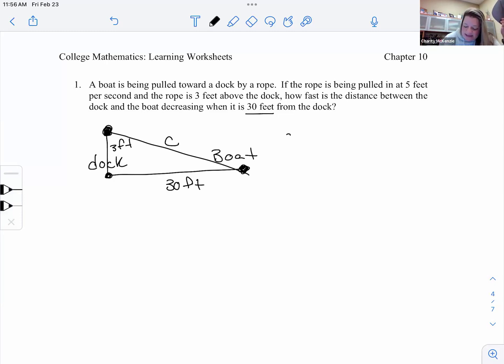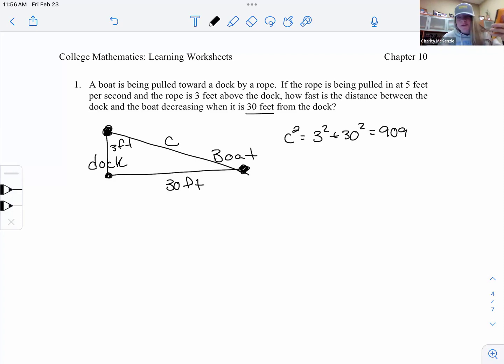And we can find C because C squared is going to equal A squared plus B squared. So 3 squared plus 30 squared. 9 plus what is 30 squared? I got 909. Oops.